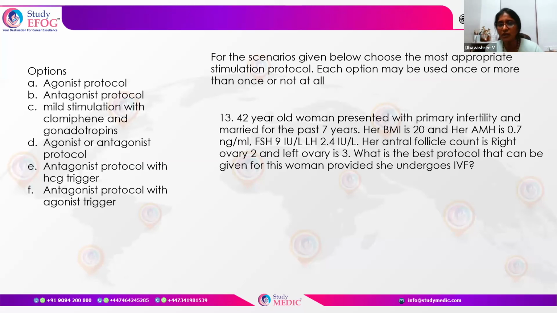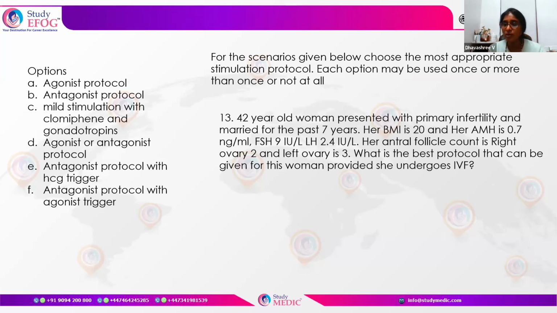Her antral follicle count on the right is 2 and the left is 3. So an antral follicle count of less than 4 means a low responder. Here the age is more and AMH is low. So she is probably a poor responder. And what is the best protocol that can be used for poor responders?